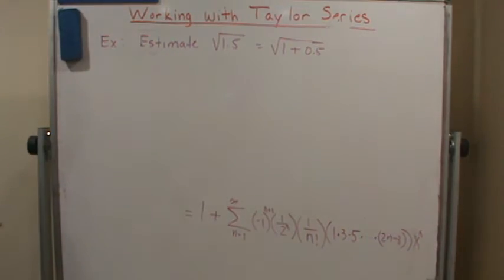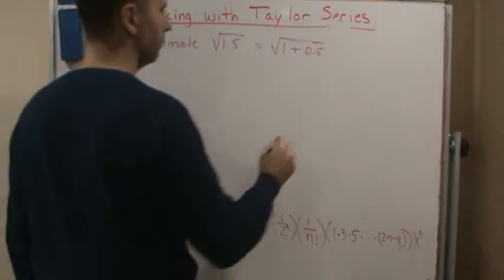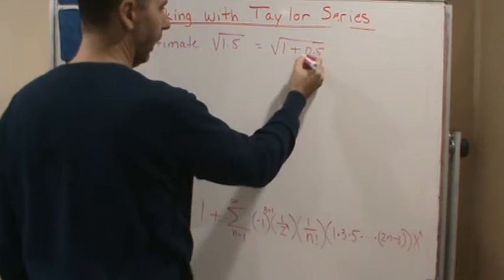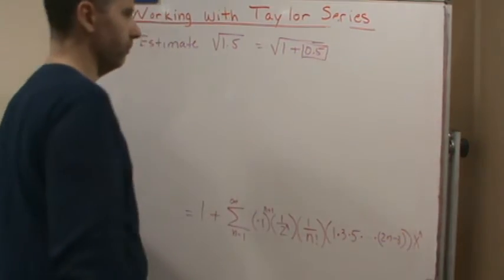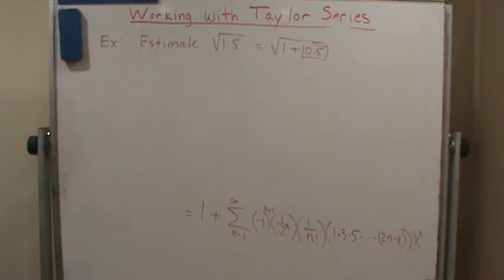Which is our x value. And so since x is less than 1, we know that it converges.